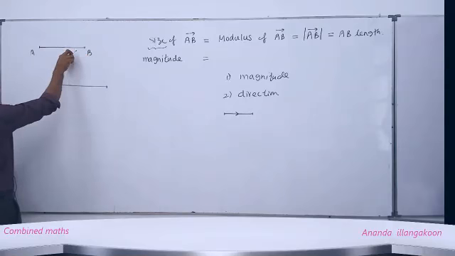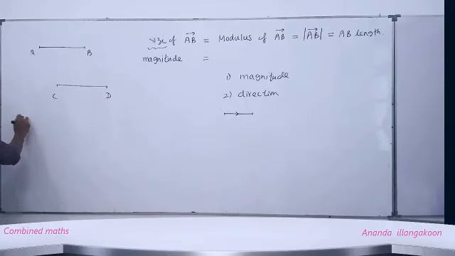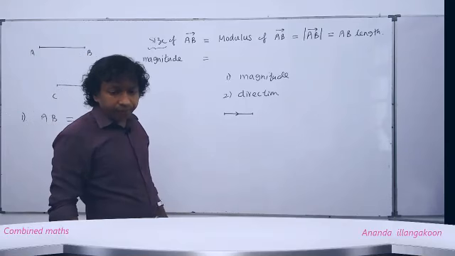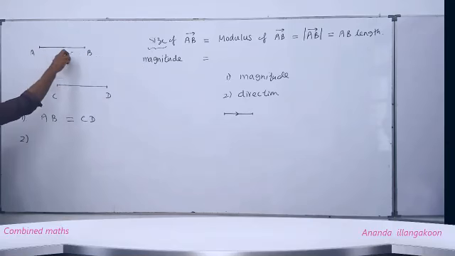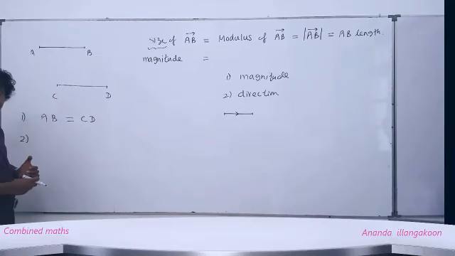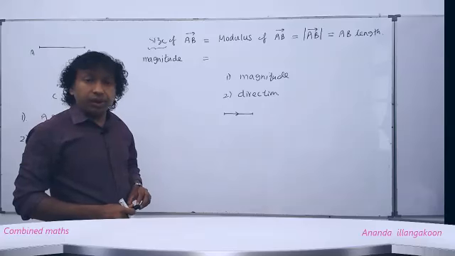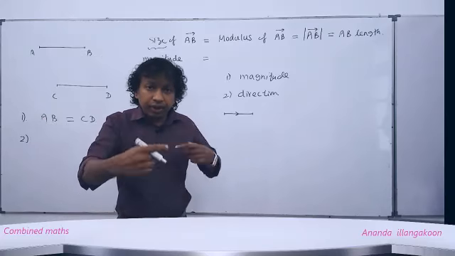Suppose the first vector is represented by the line AB, the second one by CD. So the first property is: AB length is equal to CD length, because equal vectors have equal sizes. Second, this line and this line should be parallel.